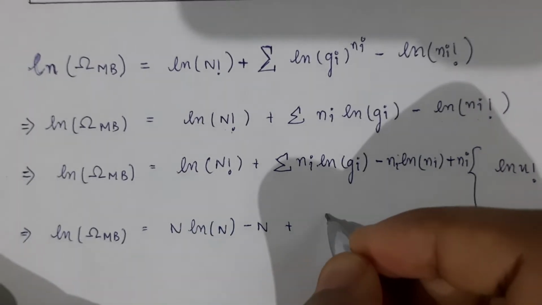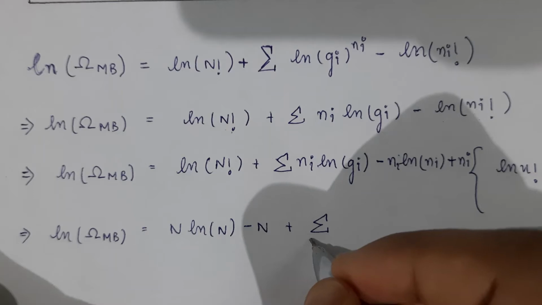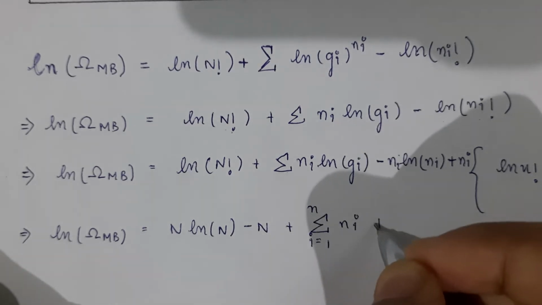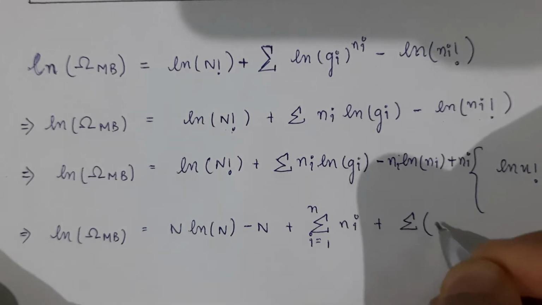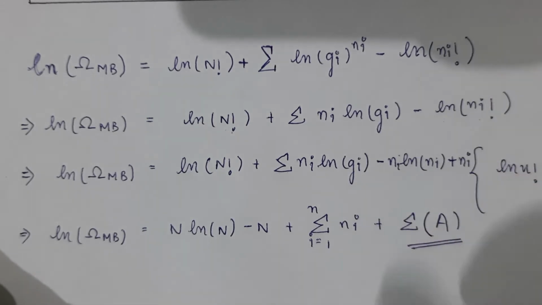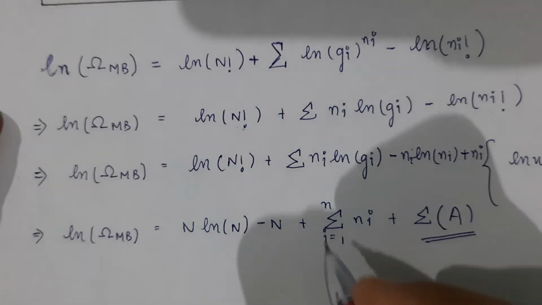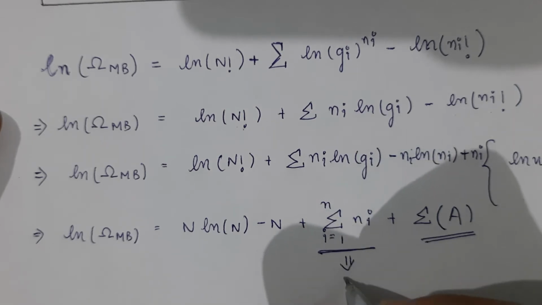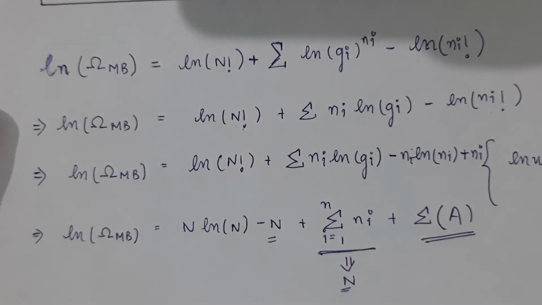Taking it out of the expression, there is ln of ni plus the rest of the summation part, which for the time being I am representing by A. The summation of ni, where i varies from 1 to n, equals capital N, and this n and this n get cancelled out.